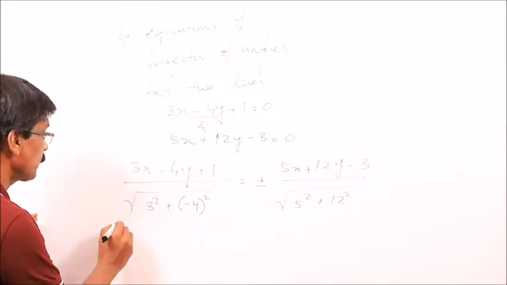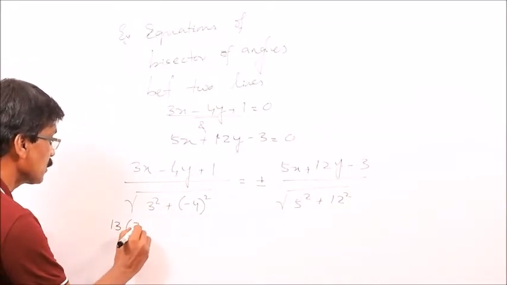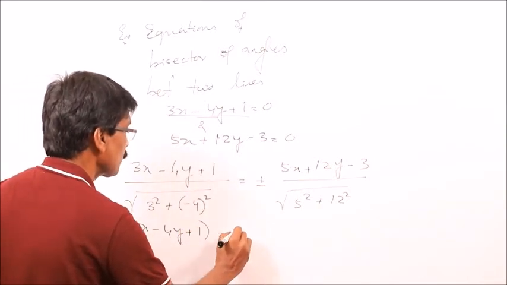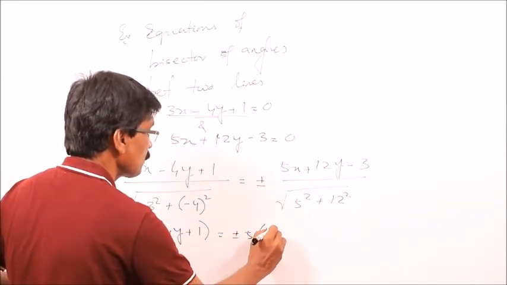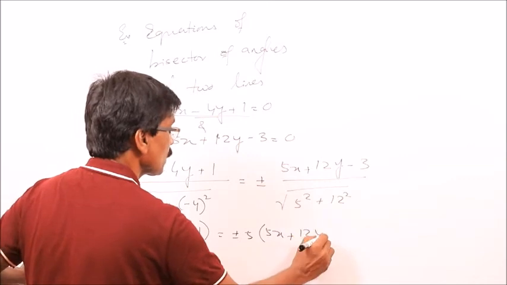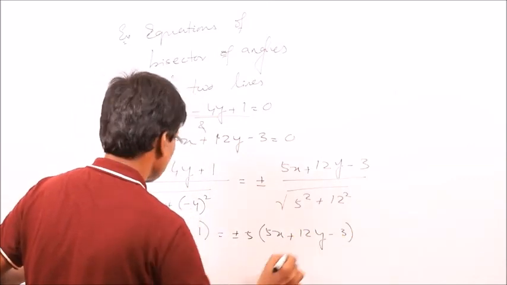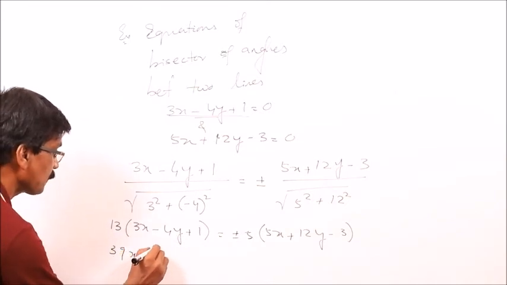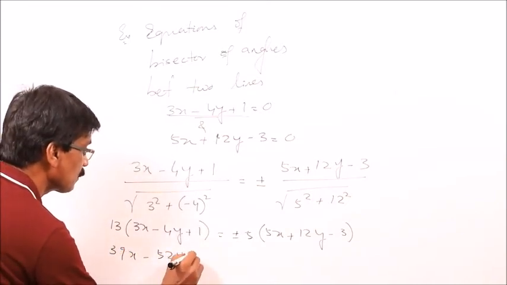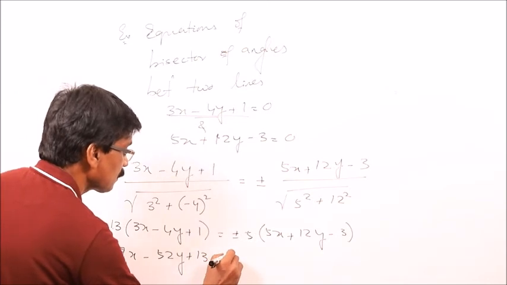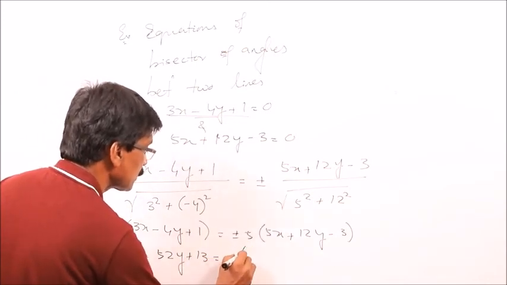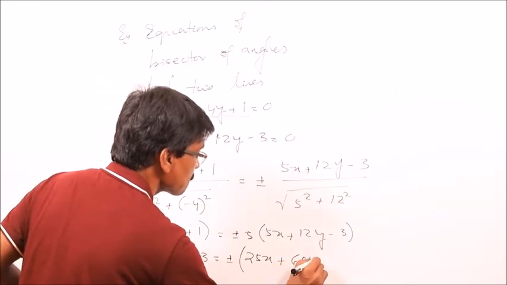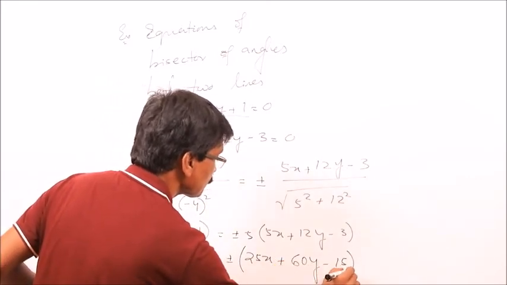So, on simplification, this is 13 into 3x minus 4y plus 1 is equal to plus minus 5 into 5x plus 12y minus 3. So, that is 39x minus 52y plus 13 is equal to plus minus 25x plus 60y minus 15.